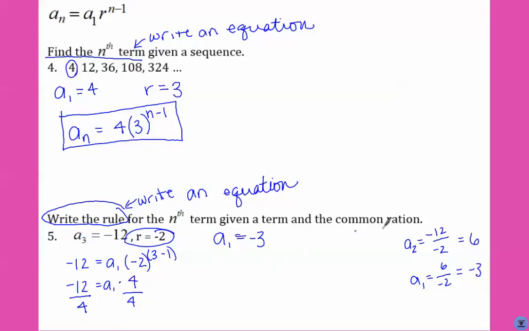Either way works for me. Either show me this work or show me this work. Not really picky. Just show me some math. So that means our rule would be a sub n equals -3 times -2 to the n minus 1 power.